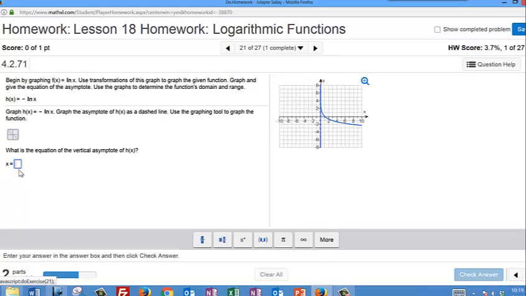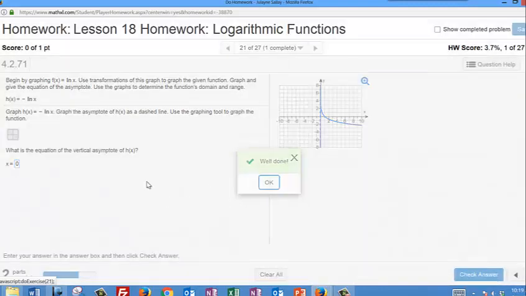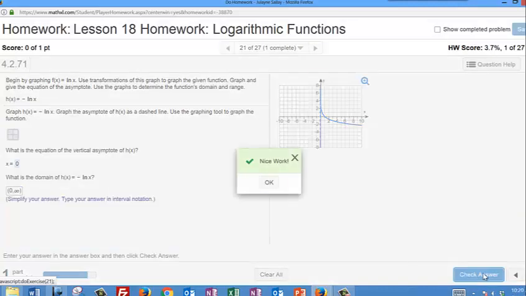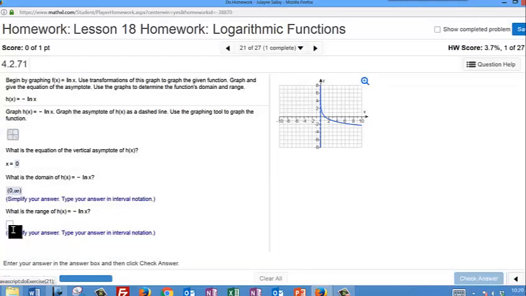The vertical asymptote is x equals 0, because it's the y-axis. My domain is very similar to the last problem. It starts at 0, it has nothing to the left of 0, but starts at 0, not including it, and then goes towards infinity. Let's check that. And then the last one is the range.